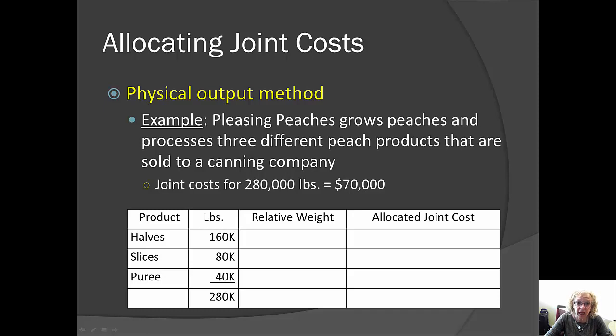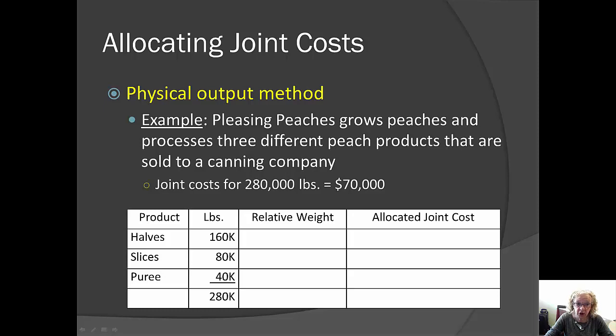Let's take a look at an example. We have a company that has a peach orchard and it grows peaches and then processes those peaches into several different products: peach halves, peach slices, and peach puree.